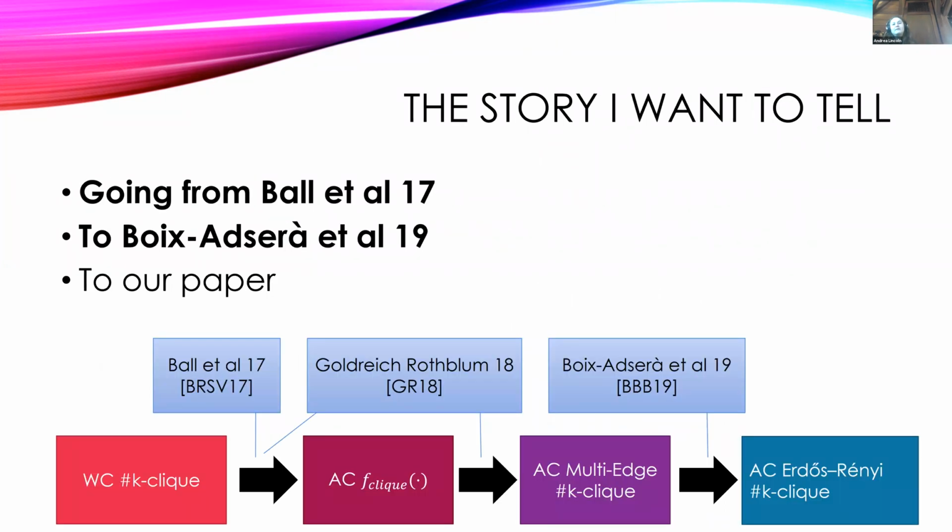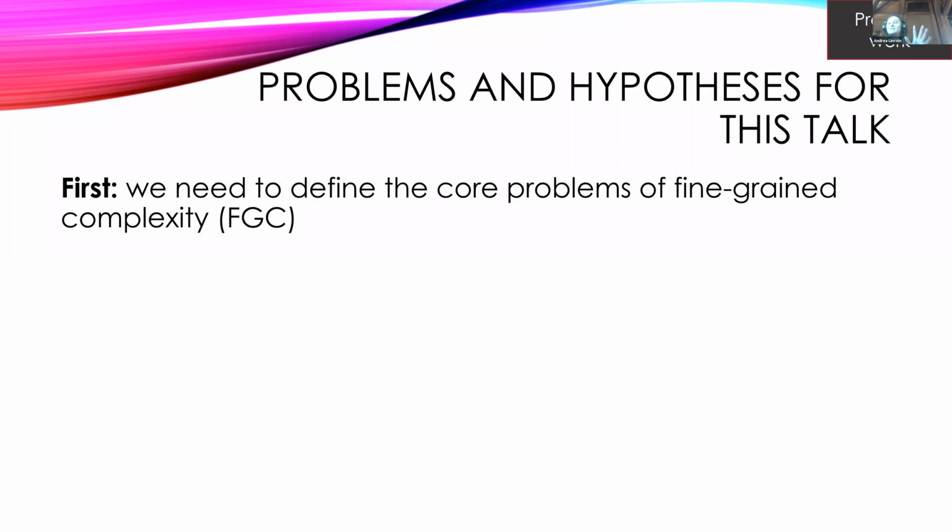So I'm going to tell this story about going from Ball et al. to Boix-Adserà et al. through the medium of clique and how we can do this for various clique problems. But before we do that, I'm going to quickly talk about fine-grained complexity and some of our favorite problems there so that we can motivate why we're using these techniques.